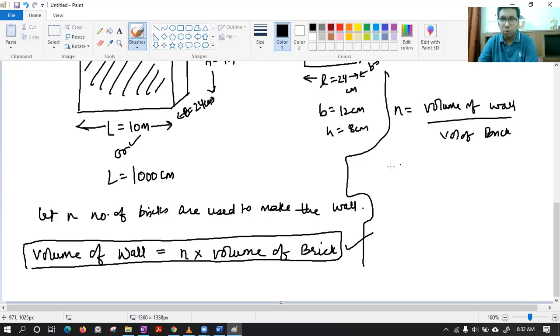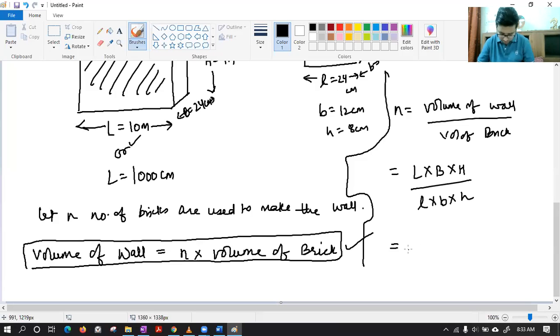Now put the values. That will be given by capital L, capital B, capital H upon small l, small b, and small h. So these symbols I have taken just because I knew these two will clash with each other. So I have taken capital for the wall and small for the bricks.